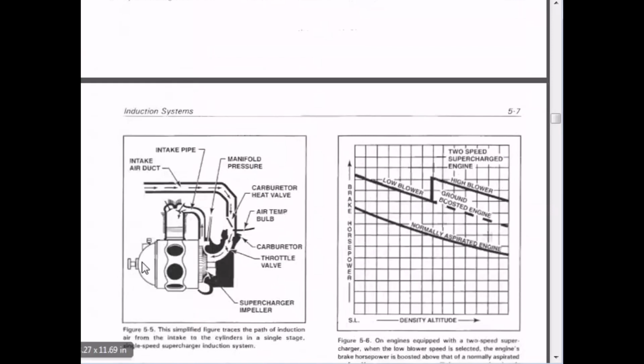But here, for supercharger, it is being driven by the crankshaft. Whenever the propeller is turning, because the propeller is turned by the crankshaft, the compressor also will turn due to the reduction gear and everything. It will turn along with the propeller.